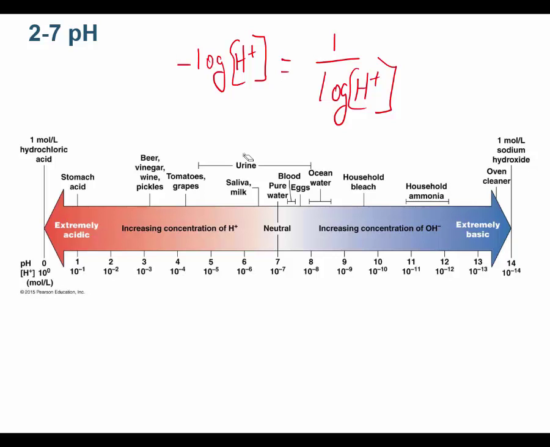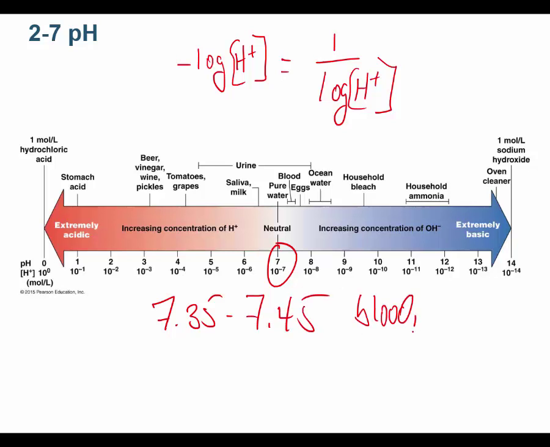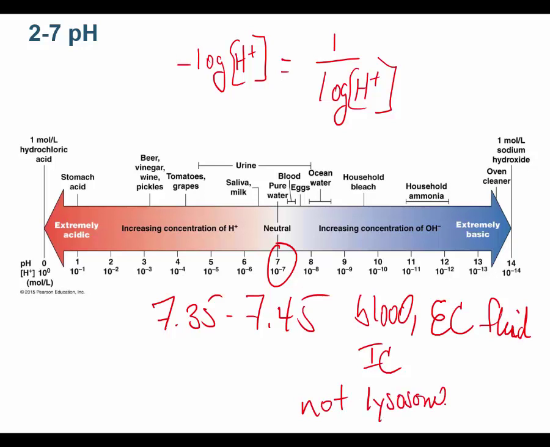A couple more concepts here. Neutral is pH 7. However, you absolutely must memorize that normal body pH is 7.35 to 7.45. This is blood and interstitial fluid, all extracellular fluid, even intracellular fluid, except for one thing: lysosomes, an organelle which is actually acidic.